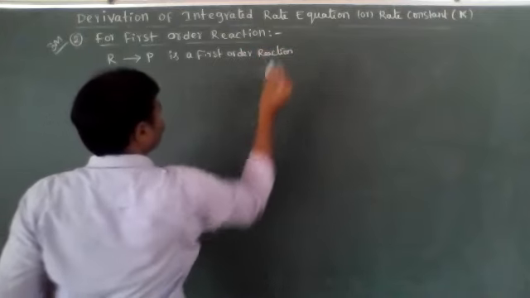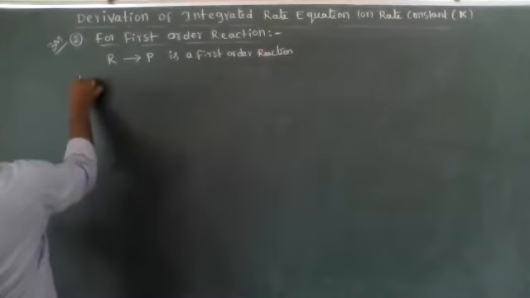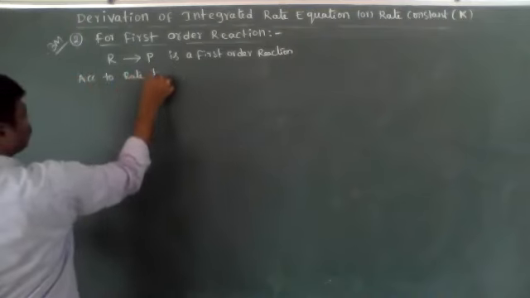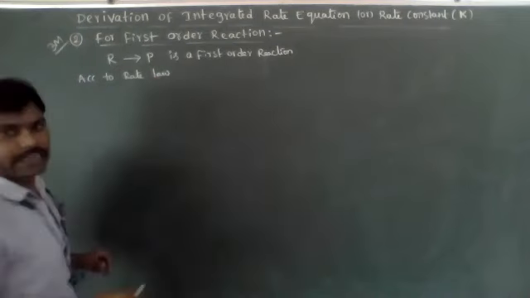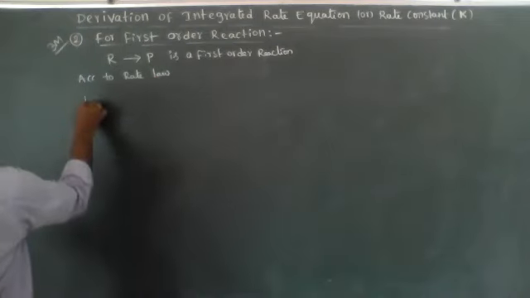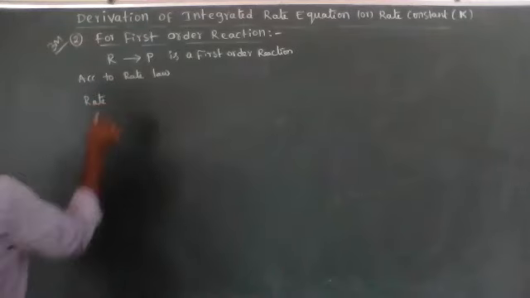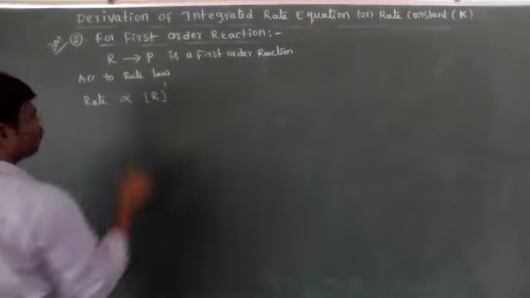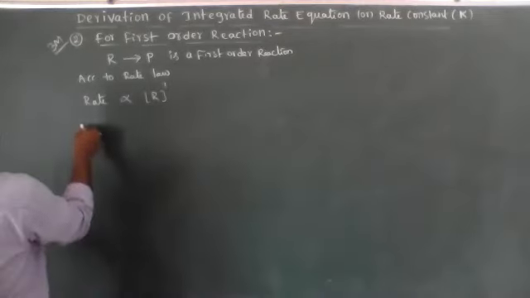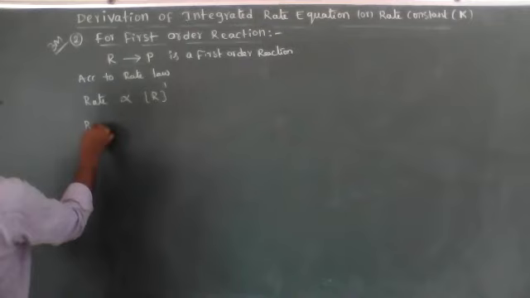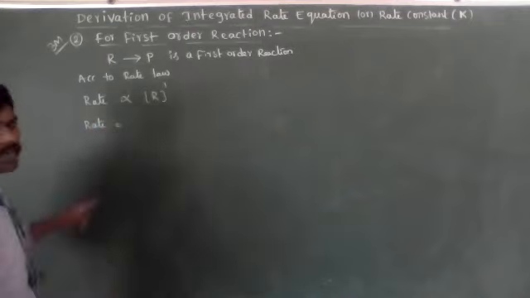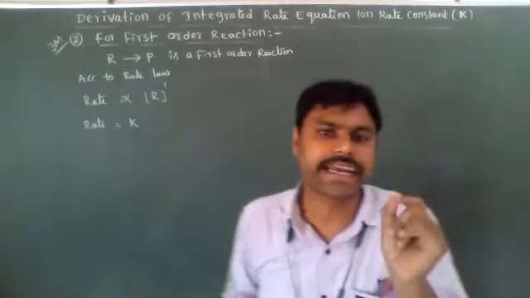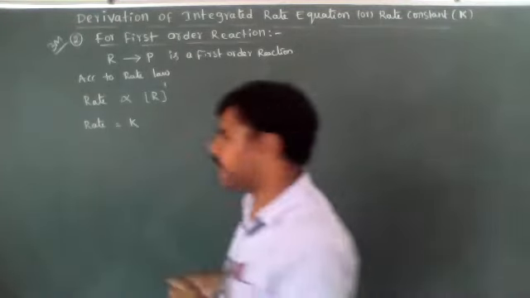For this first order reaction, according to the rate law or rate equation or rate expression, the rate is directly proportional to the first power of the concentration of reactants. Now we remove the proportionality and introduce a constant K, called the rate constant for a first order reaction.